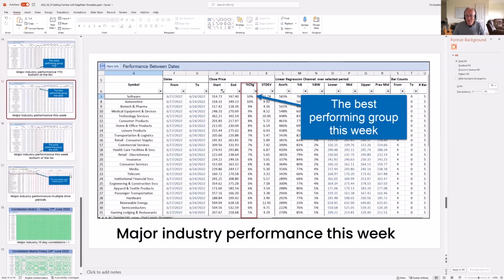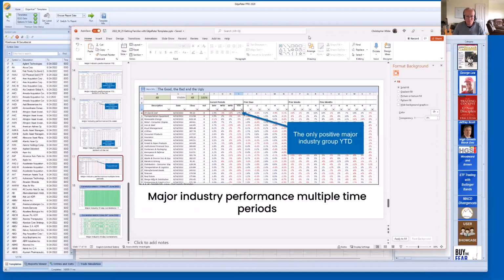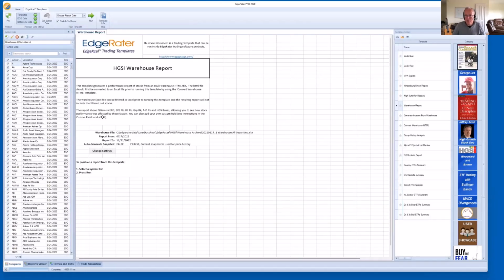And then EdgeRater calculates the indexes based on the components. So when looking at the state of the market here, a lot of the information requires HDSI. Okay.